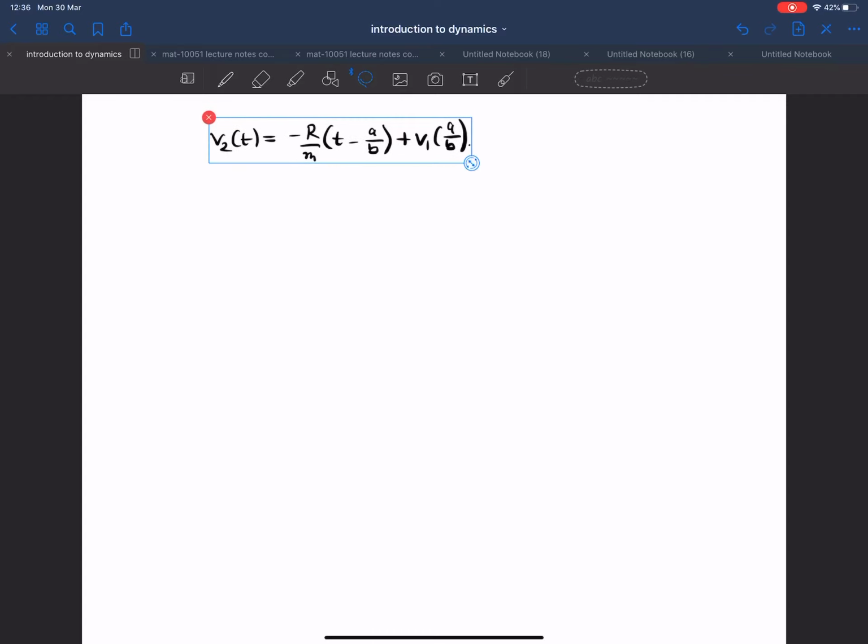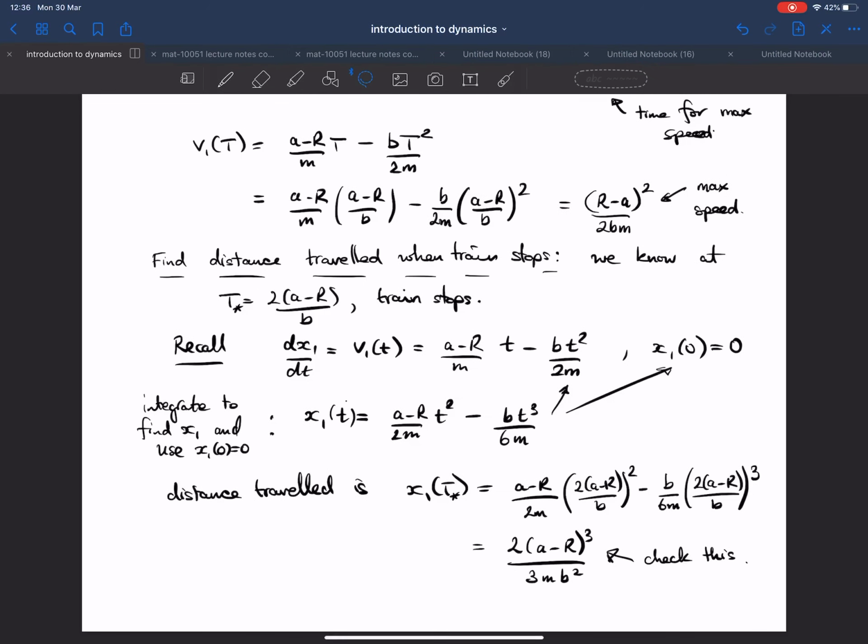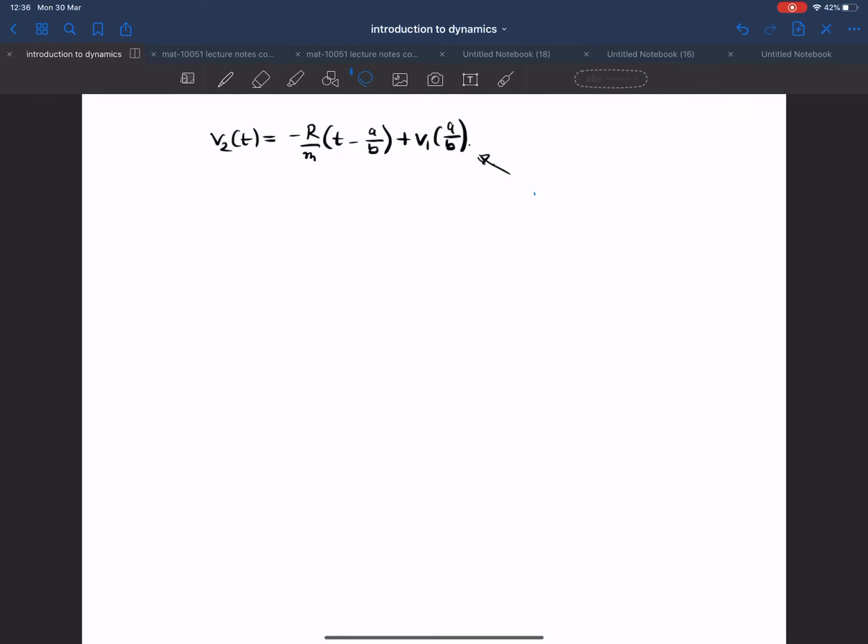So we have this, and remember that V1 is the following. I have to trace back and grab this. This is V1. Here we go. Of course we have to copy a over b into this, so it's this with t equals a over b. So let me just get this value.